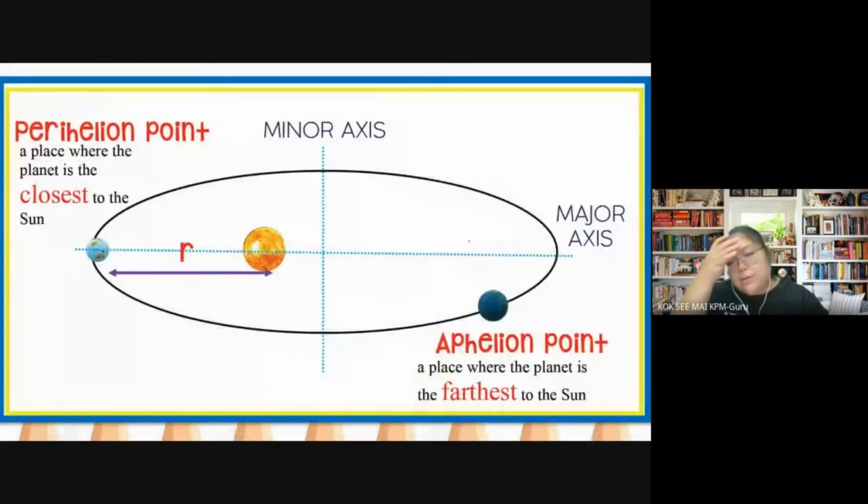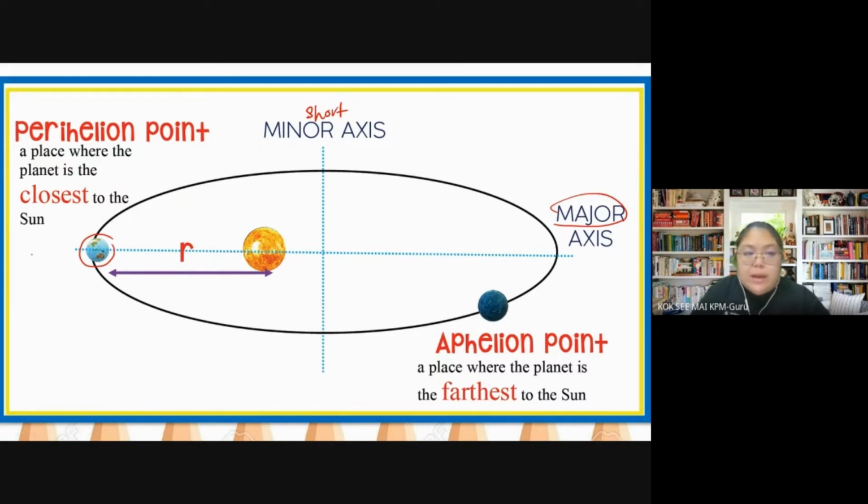Okay, so now we're going to see this one. Minor is vertical, this one is a bit short. Major should be longer, you see the horizontal is quite longer. If you find the planet moving to the nearest point to the sun, this part should be the nearest. So we call it the perihelion point.